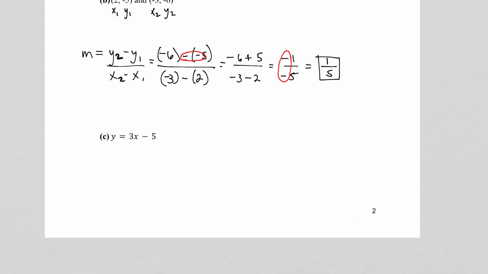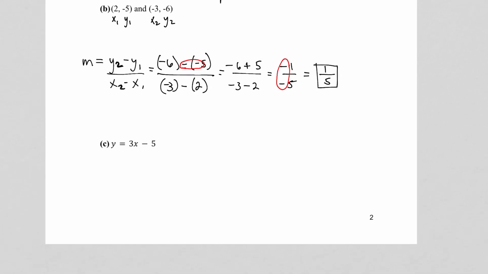Now I said we could do this one of two ways. One way was to use the formula. Another way that I like to do, which not everybody likes to do it this way, but I like to write these points in a table. So this is 2, negative 5, and negative 3, negative 6. And I just like to look at this and ask myself, okay, how do my y's change from negative 5 to negative 6? Well, our y values just went down 1. Well, let's look at our x values.